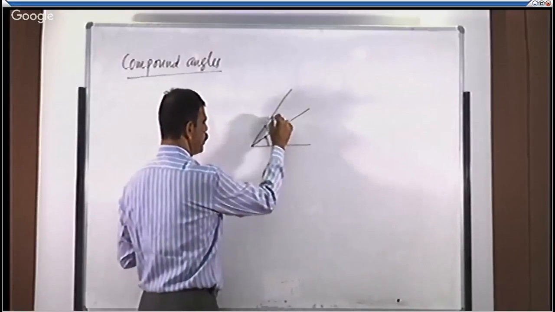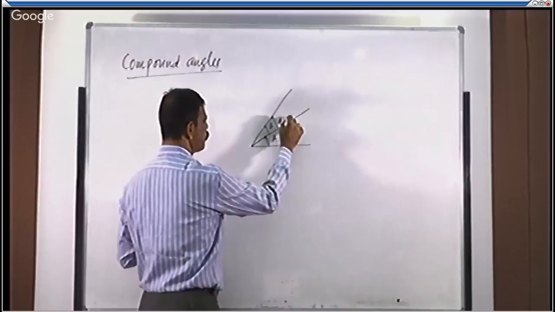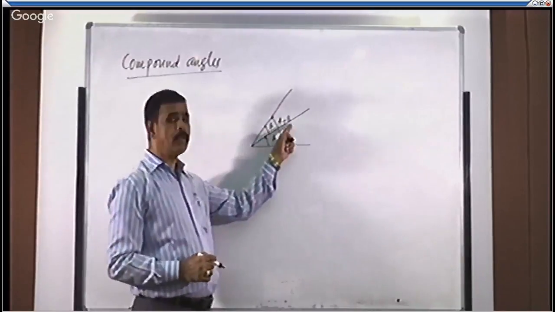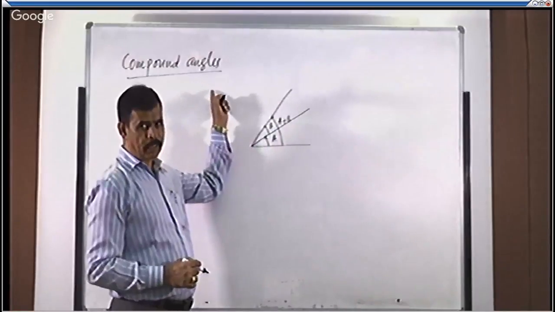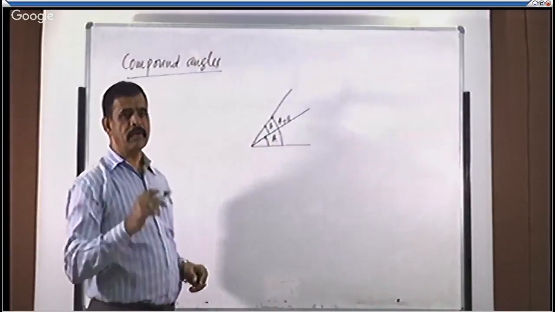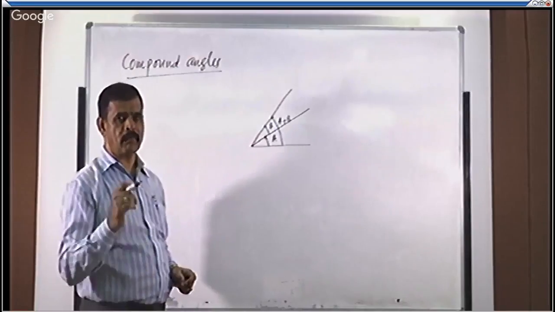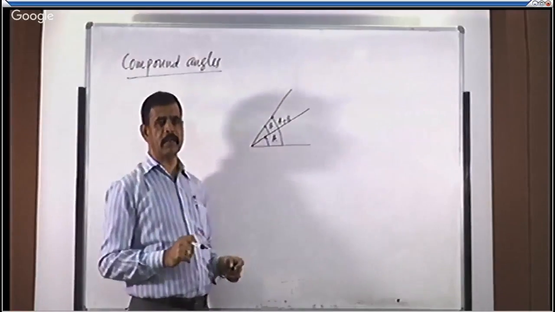The total angle will be A plus B. This angle A plus B will be called a compound angle. So compound angle means more than one angle is added, or one angle is subtracted from another angle.